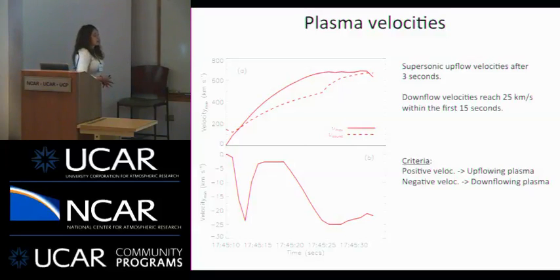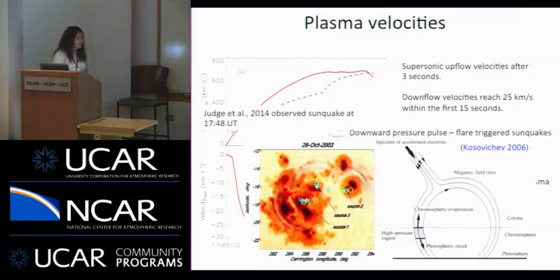For this specific flare, it has been pointed out that there have been some soundquakes, and these negative downflows, as reported by Kosovichev earlier in this session, can be an explanation for the soundquake observation. So it's something that we should look into.